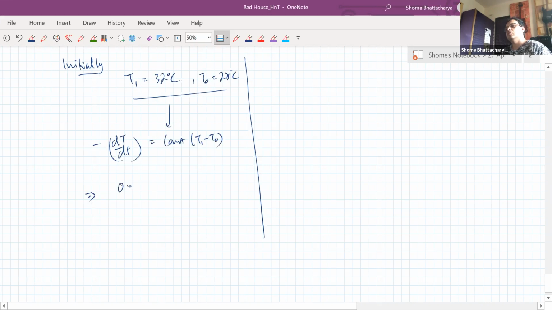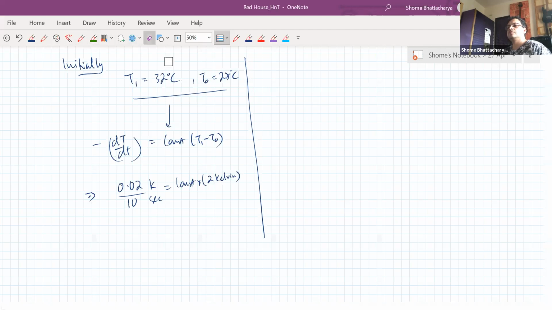So 0.02 divided by 10 in Kelvin per second was equal to this constant into, sorry, 5 Kelvin. So let's say this is my equation 1.